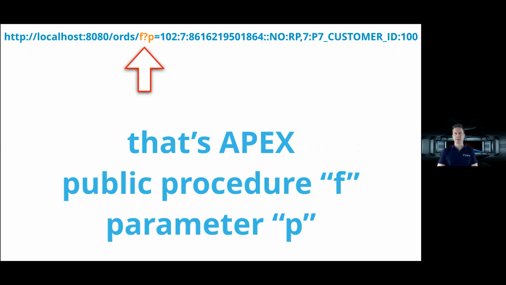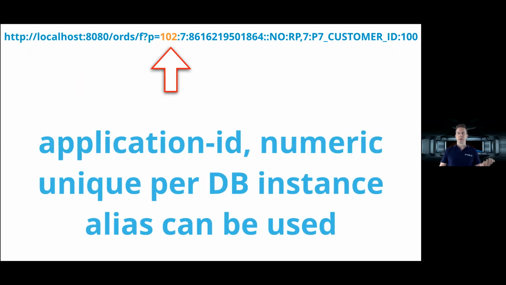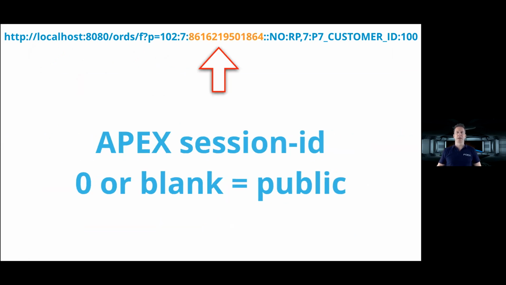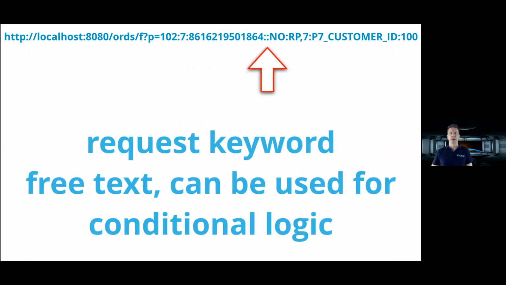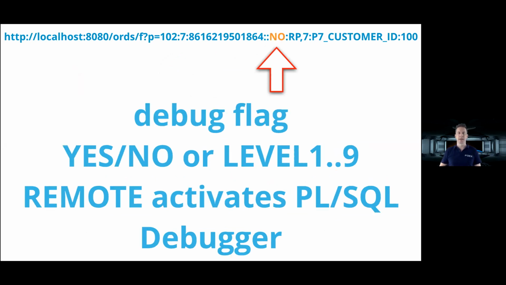It's just PL/SQL. And you know what? F has an argument that's called P, and it gets the whole ugly string passed in. And in that string, there's application ID, page ID, Apex session ID. And I need to hurry up a bit because we're running out of time. You get all the nice slides later on.